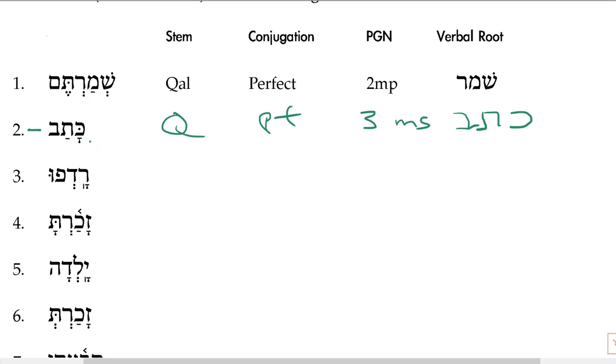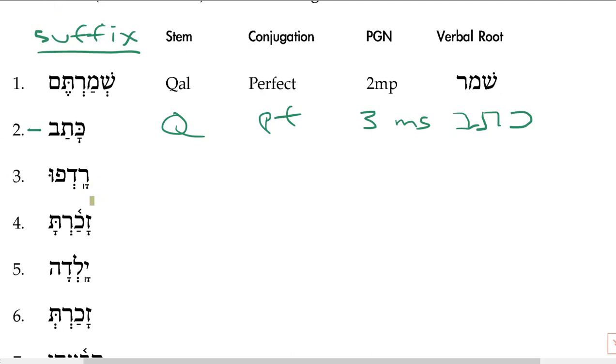Nothing too dramatic about that. These Qal Perfects in general will not have anything before them. The perfect is also called the suffix form because we identify them mainly by their suffixes. Of course, this one doesn't have a suffix, but the next one does.